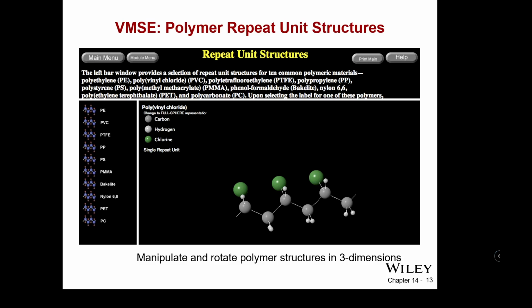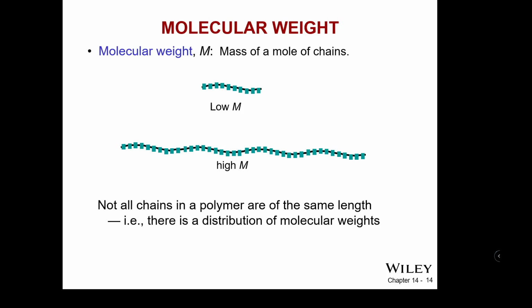You can see some of these in the visualizer in Wiley. They tend to at least give you some sort of idea of what the spatial relations are between the molecules. I'm not really expecting you to have memorized all of the different polymer chain types.